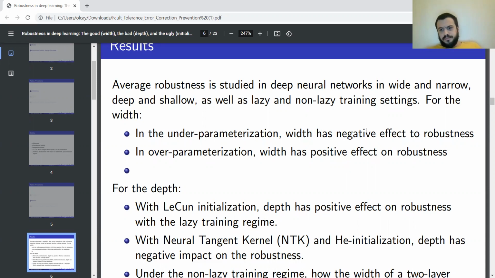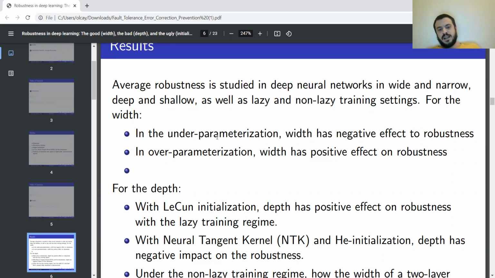Okay, so the width of the network we discussed in the last presentation, and the depth of the network is the number of layers of the neural network. And there is a very interesting part here, and this is why it's called the good, the bad, and the ugly. So average robustness, I will define it in wide and narrow, deep and shallow, and lazy and linear training settings.